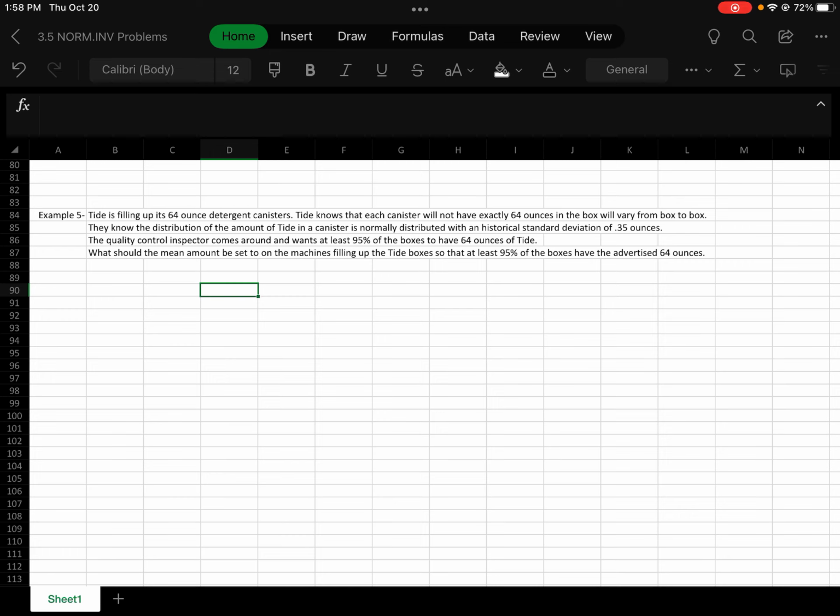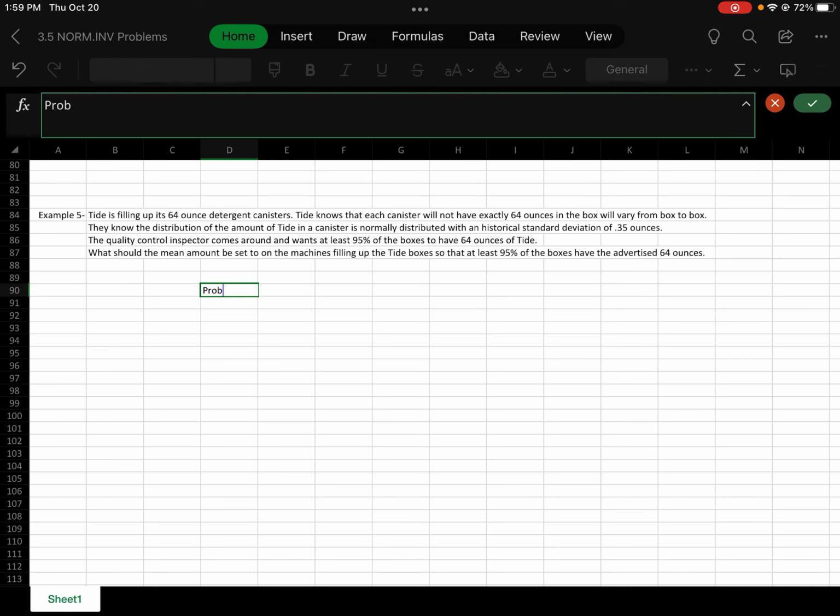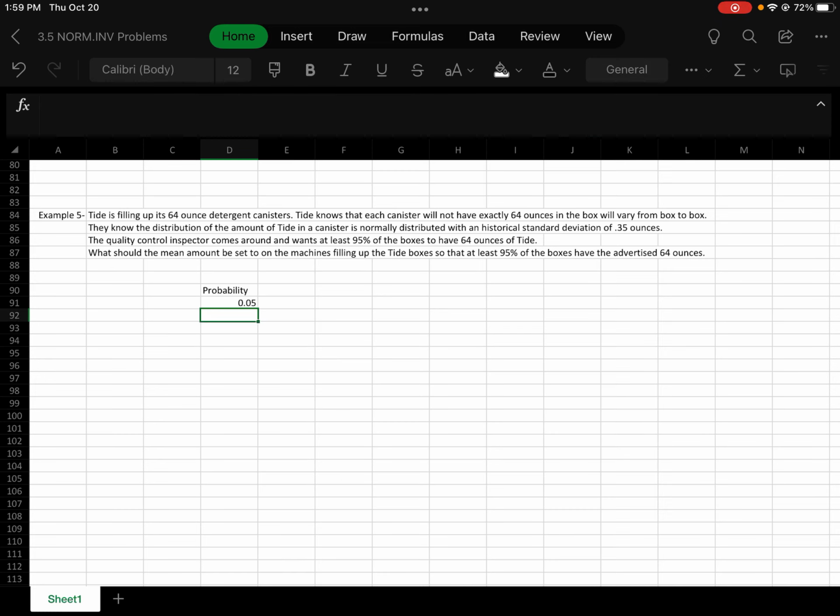So what I'm going to do is use my inverse norm function to find the z-score for the value where 95% will be above that. So I actually want to be at 0.05 for the bottom. So my probability is going to be 0.05 because I want 95% of the boxes to have more than the value that I'm looking for.